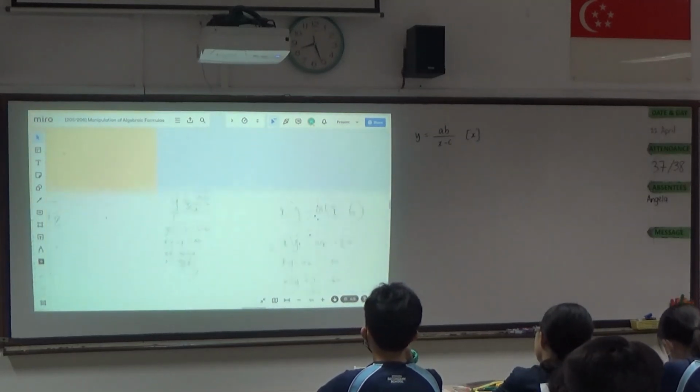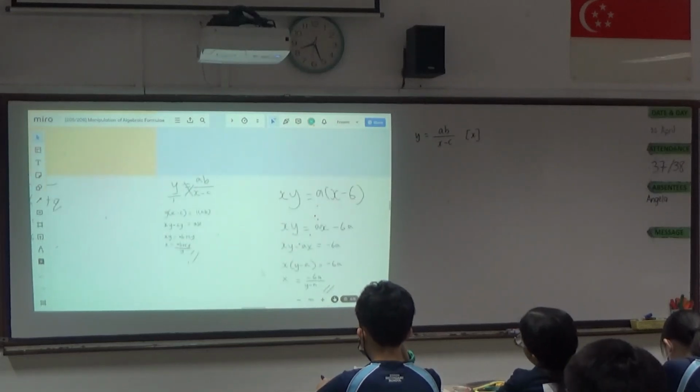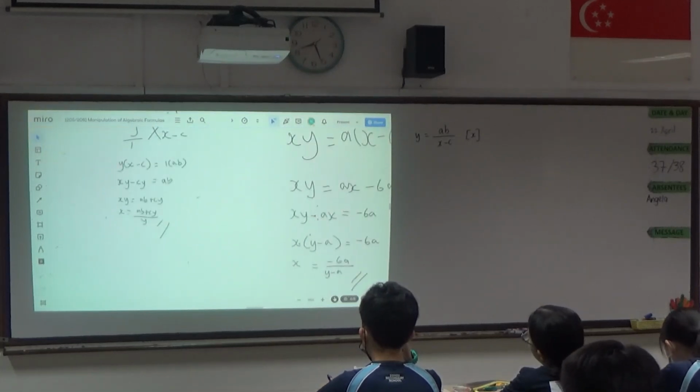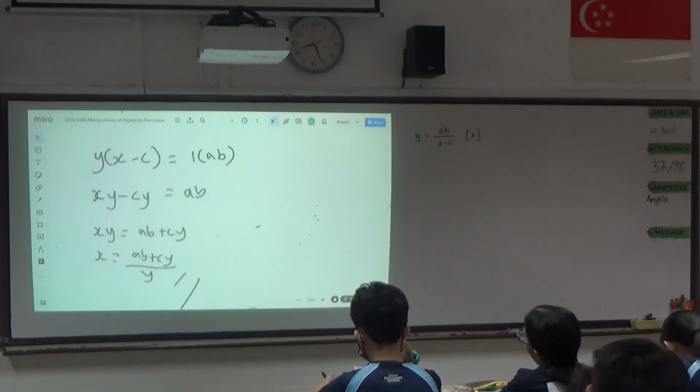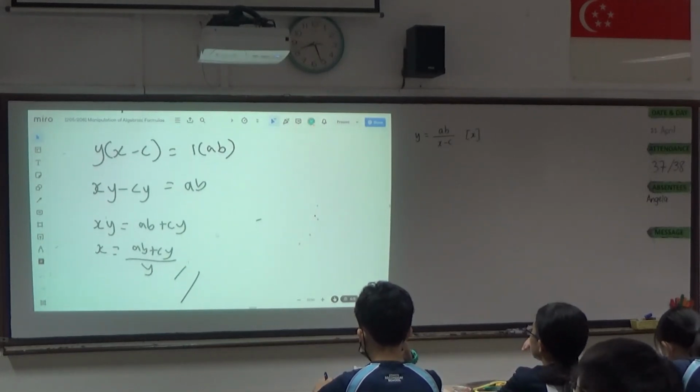Denominator of criteria. Okay. Look at question 9. This is the solution that group 1 has given us: x equals ab plus cy over y.